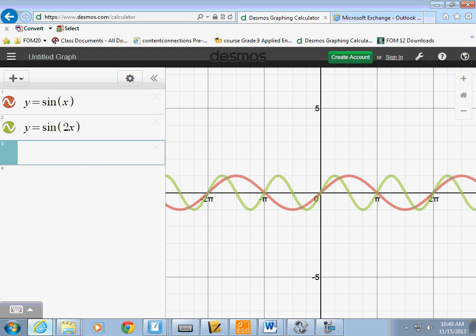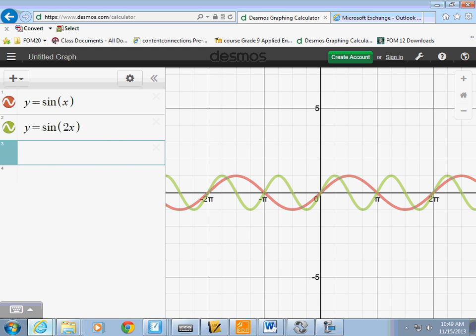Okay, so let's take a look at the first one. Y is equal to sine x compared to y is equal to sine 2x. So y is equal to sine x, and here is my red graph. If I start at 0, and then 2 pi is where I go back, and I start repeating again. If I look at y is equal to sine of 2x, I go from 0, and then at pi I start repeating it again.